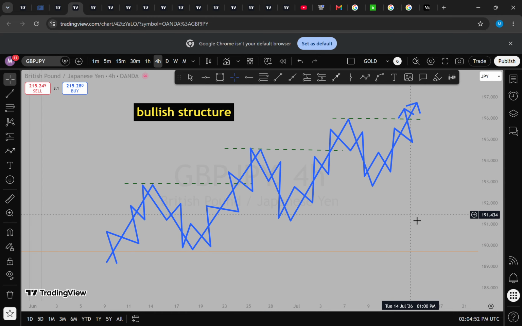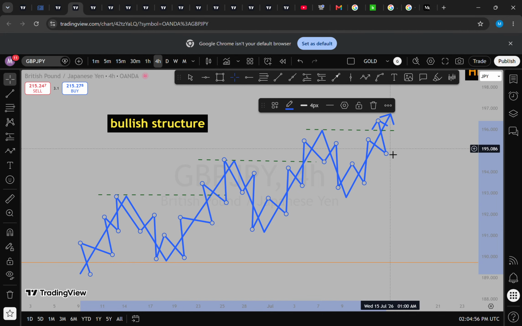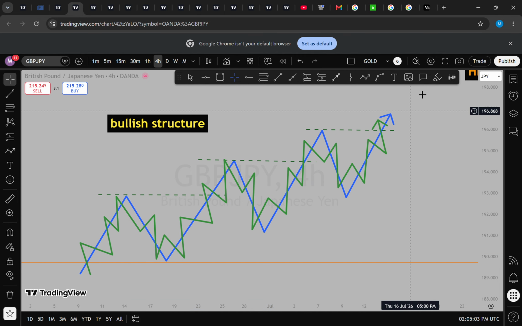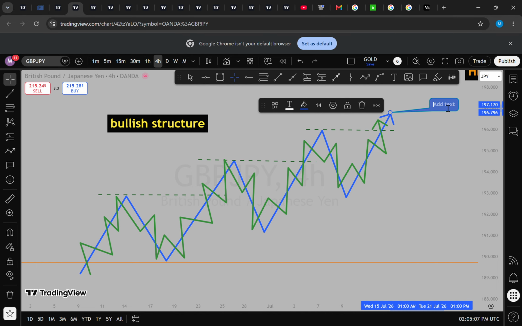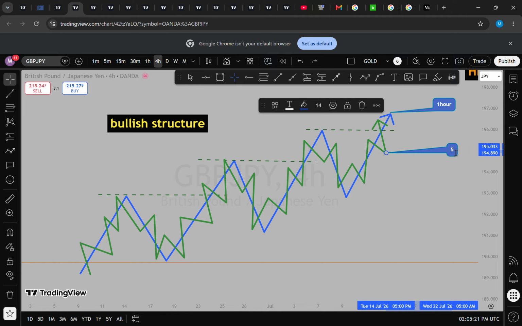I'm going to change the color now. Let's say green. So this is the 1 hour time frame, and this is, let's say, the 5 minute time frame.